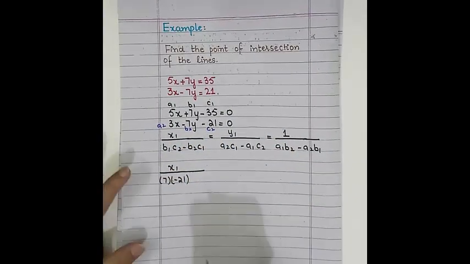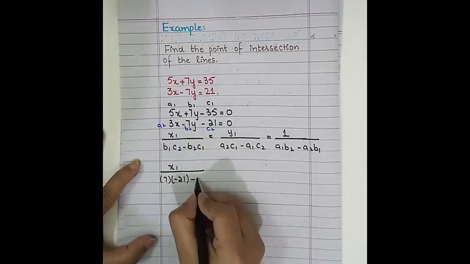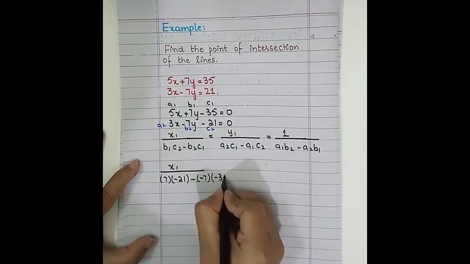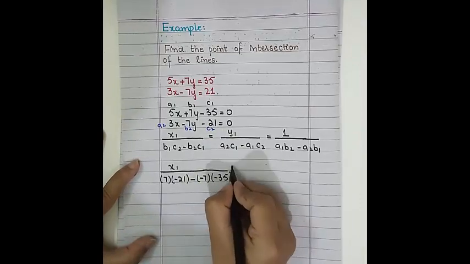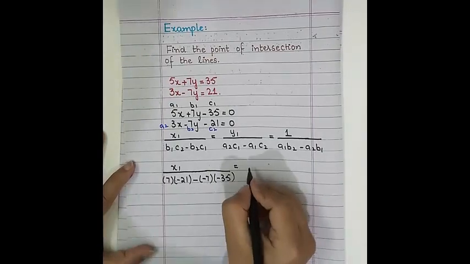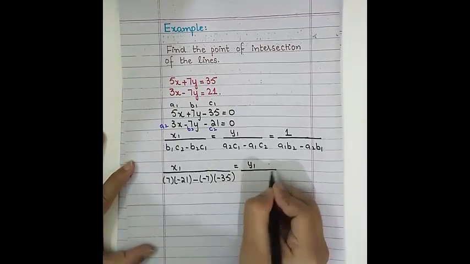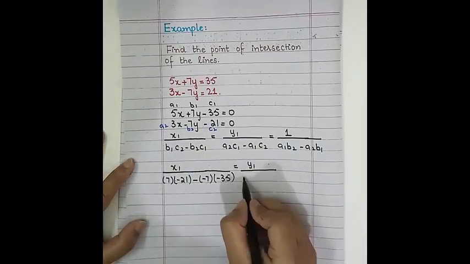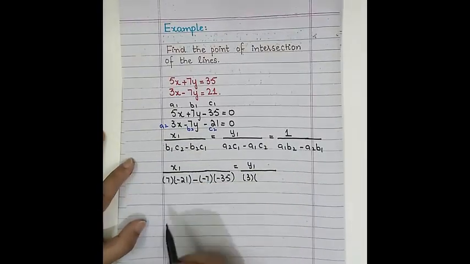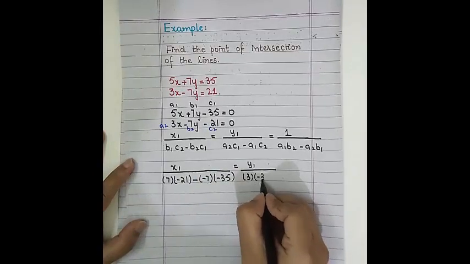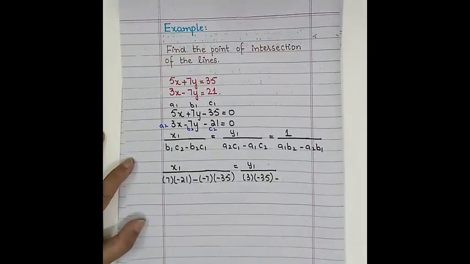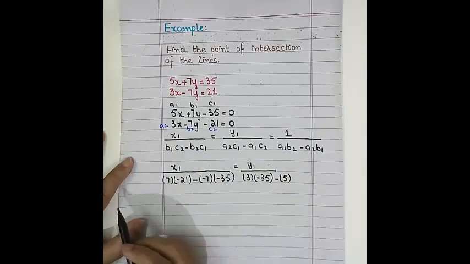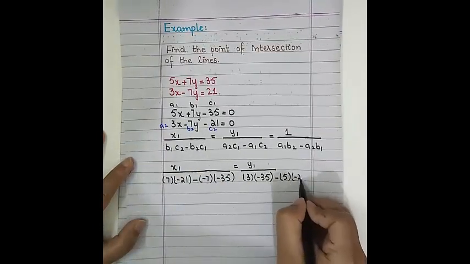So minus the value of b2, which is minus 7, and the value of c1, which is minus 35. This is equal to y1. Now a2 and c1: the value of a2 is 3 and the value of c1 is minus 35, minus the value of a1, which is 5, and the value of c2 is minus 21.